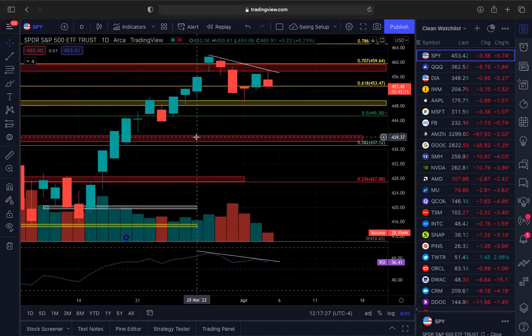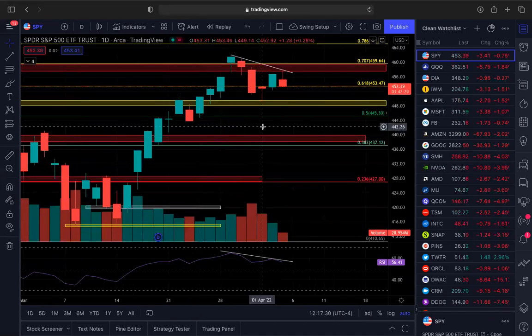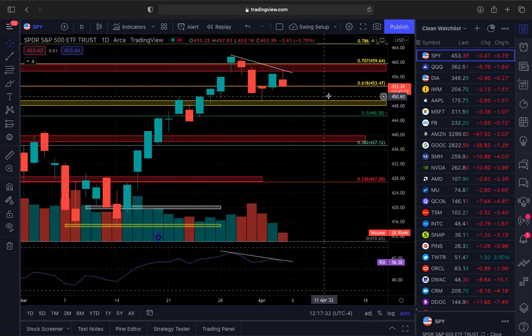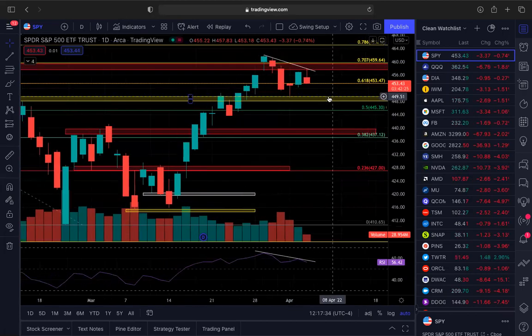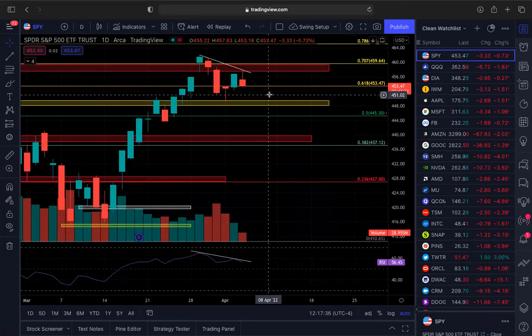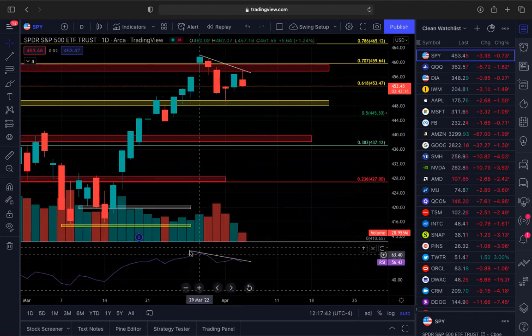So if you're going to use fibs, which I think are a great tool, and we're seeing their effectiveness play out before our eyes right now with SPY, I would say incorporate other things into your trading. I've incorporated them with zones already, and that's another reason why I'm incorporating the RSI.